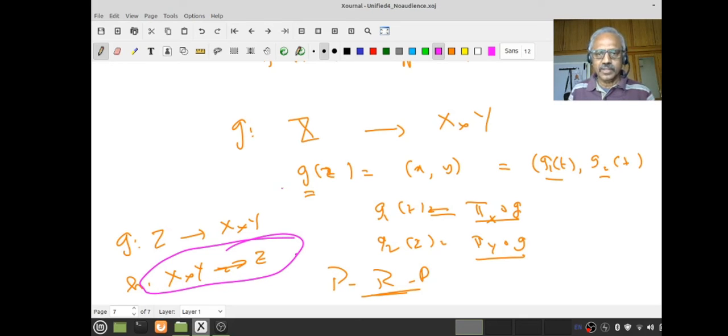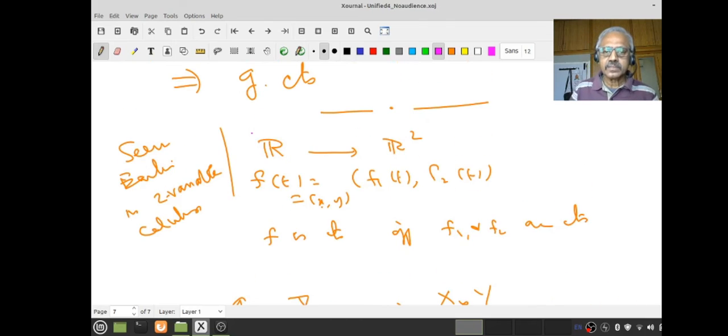For example, even in the case of Rn, you know this one, but if I want to talk about continuity from R2 to R, again you have seen that one variable analysis will not do. You want to take it as a whole. Okay, please think about it. There is no shortcut to prove continuity of a map from R2 to R, but there is a shortcut for continuity of a map from R to R2. I can reduce it to one variable functions. Write f equal to f1, f2, then f is continuous if and only if f1 and f2 are continuous. Here I can't do that. Do you understand that?